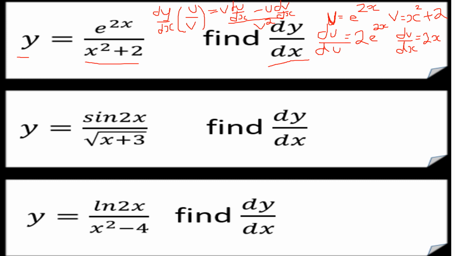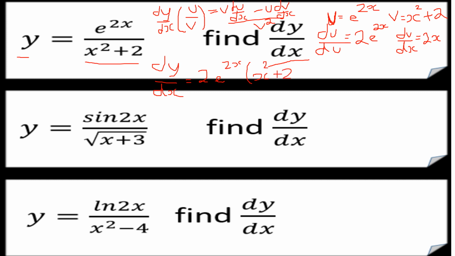So it's v du dx subtract u dv dx all over v squared. Using this formula, dy by dx, taking our time here and being very careful, v du dx should be 2e to the 2x, and then in brackets x squared plus 2.